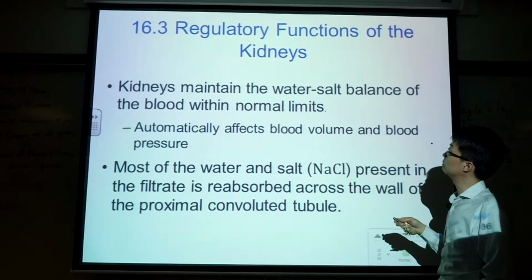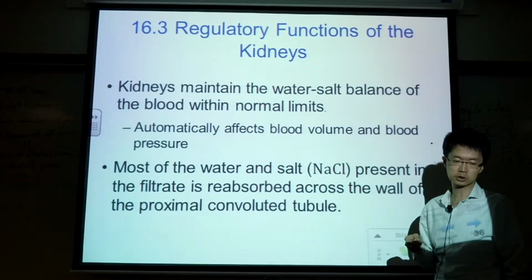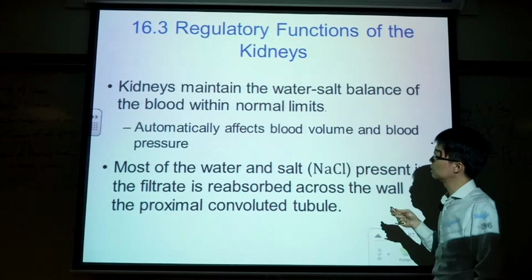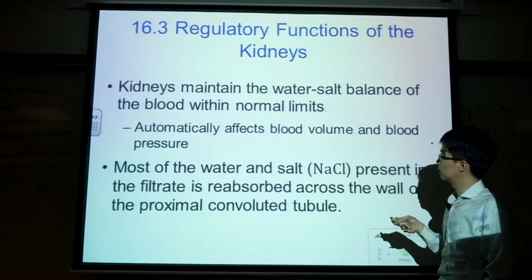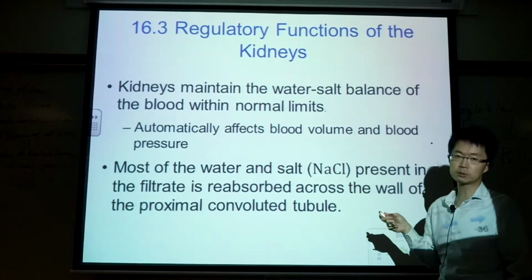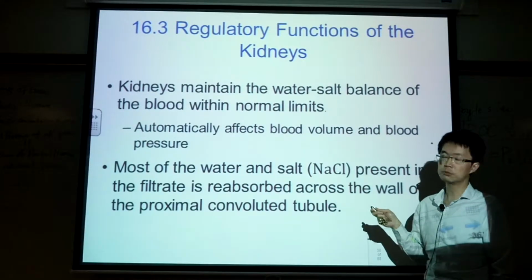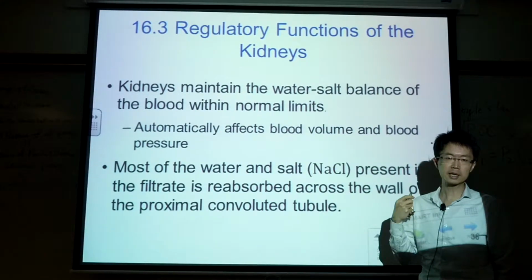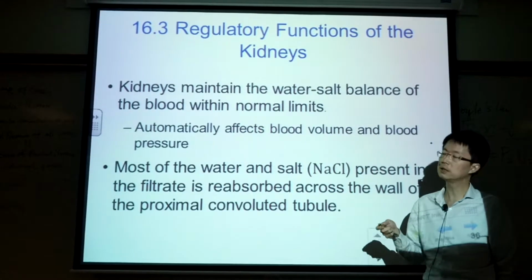And then how do we regulate the function? What controls it? It is the water-salt balance that I told you before. By controlling the salt reabsorption or secretion, we control how much water we retain in our body, how much water we reabsorb into blood, or how much water we secrete to the urine.